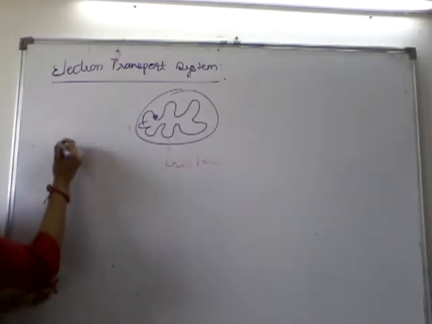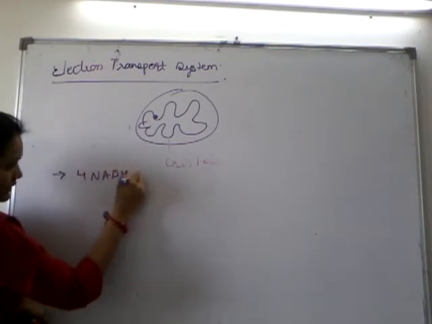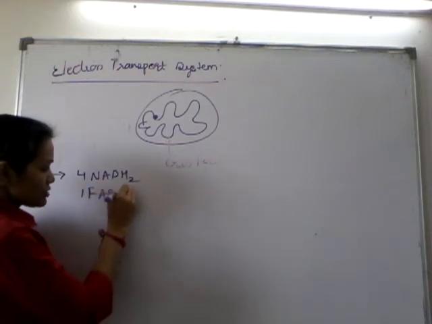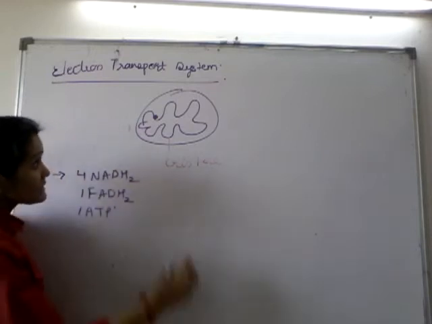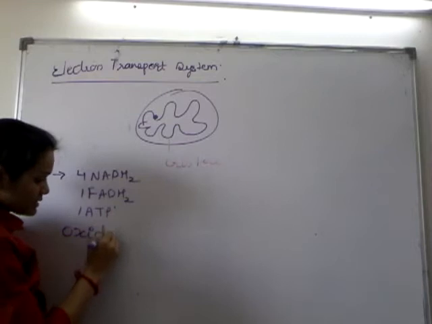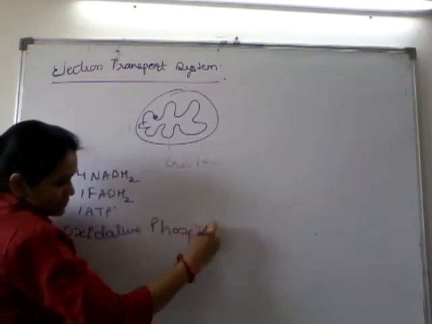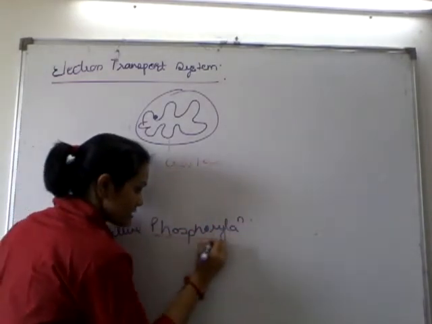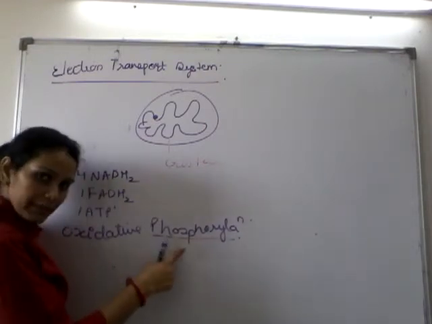We have seen how in the Krebs cycle from one molecule of pyruvic acid 4 NADH2, 1 FADH2 and 1 ATP are produced. Now let us see why electron transport is called oxidative phosphorylation. Phosphorylation is the addition of phosphate to ADP to form ATP.